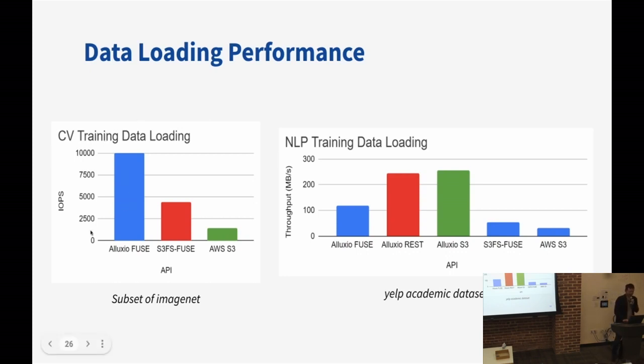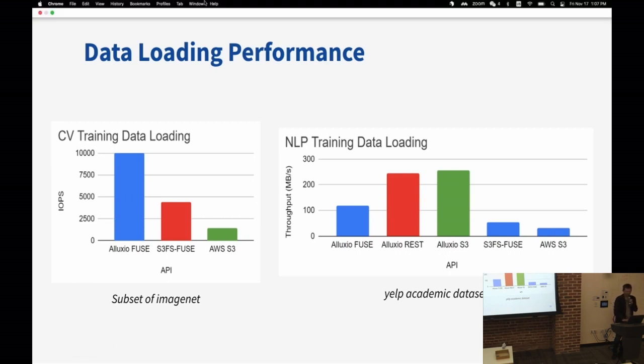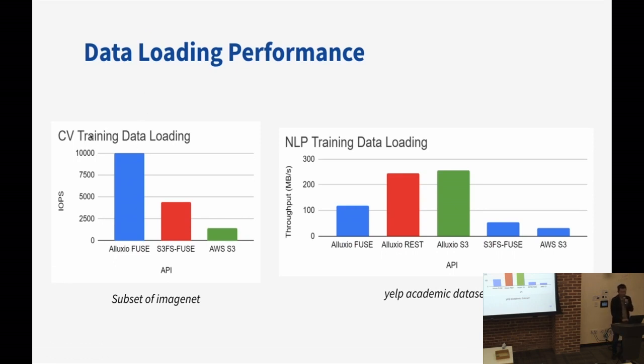So you can see it's talking about the computation training load. The Alluxio FUSE can have a much higher IOPS. The IOPS here means the IO operations per second. So why we compare the IOPS for the data training, for the CPU computation training, just because for most computation, they are reading from very small image files.